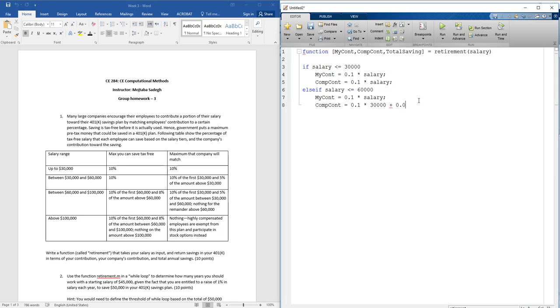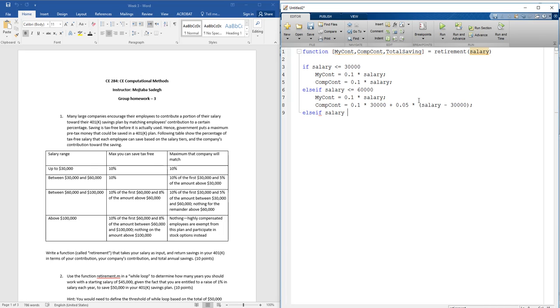So 5% is 0.05 times whatever is above, which is basically salary minus $30,000, right? So that's whatever is above $30,000. Else if, again, I don't need to say else if salary is more than $60,000 because else will already do the job for me. You don't have to.